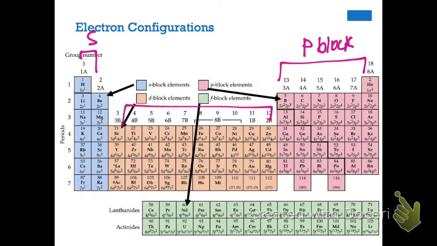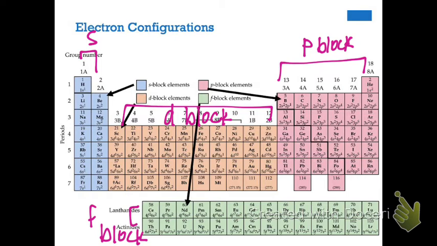These are called d block, and down here are the f block elements. Whatever block it's in tells us that its outermost electron is found in that type of orbital.